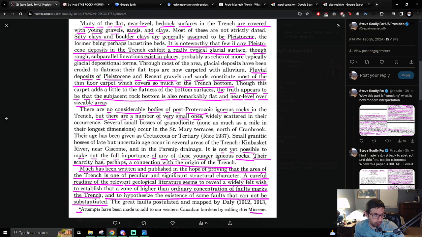A careful reading of the relevant geological literature seems to reveal a widely felt wish to establish that a zone of higher than ordinary concentration of faults marks the trench, and to hypothesize the existence of some faults that cannot be substantiated. So now we're getting into some of the really good stuff.